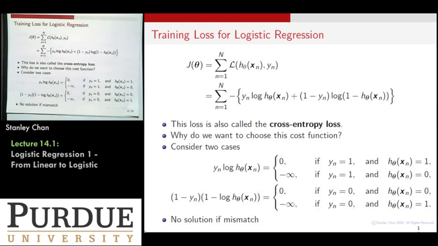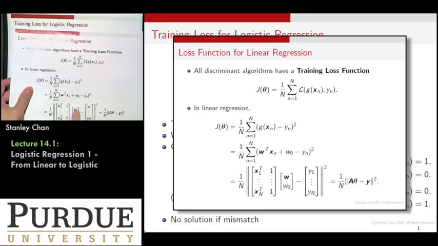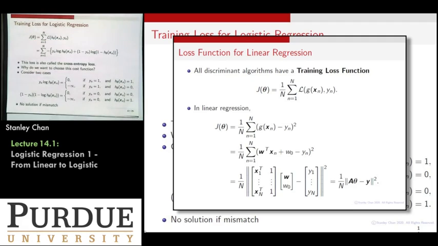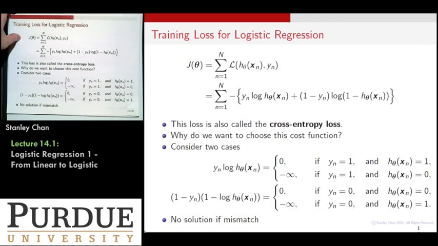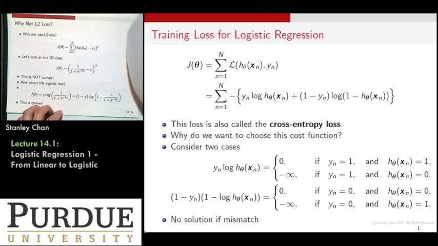Compared to the linear regression, this expression also makes sense because you only have two classes. If it's correct, you want it to be zero loss. If it's wrong, you want it to have a very large loss. The linear regression is easier to deal with because it's square. You can take derivative, but it doesn't seem to capture the 0-1 binary behavior that we want in a classification setting. So that's the logistic regression.